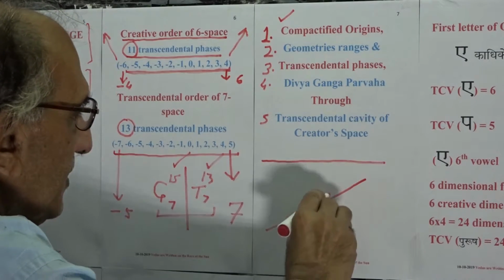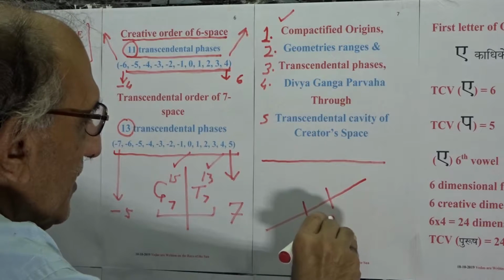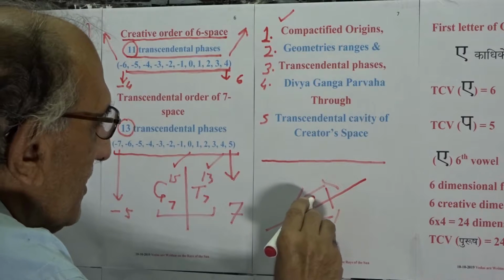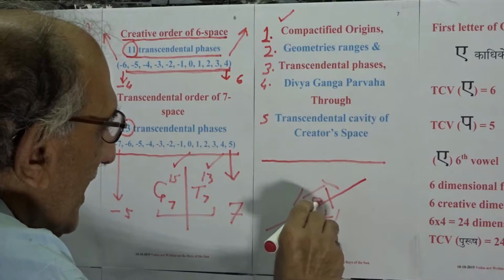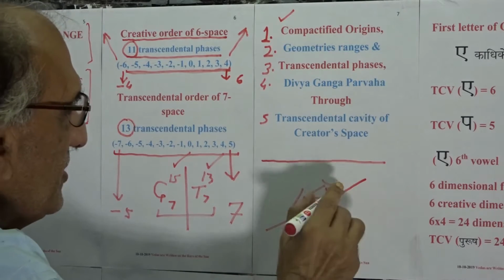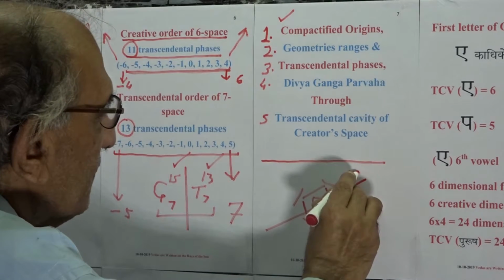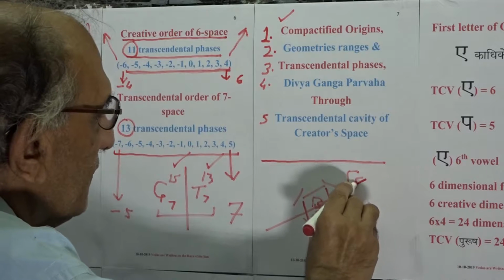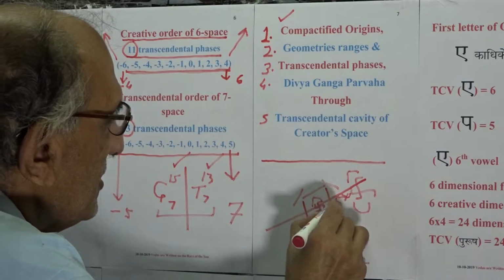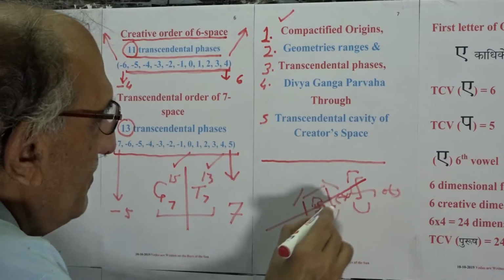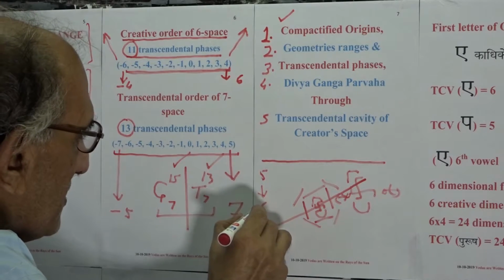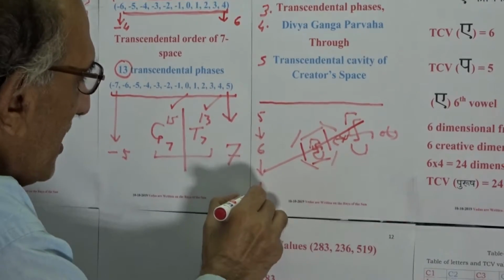We know within 4 space, 5 space is playing the role of an origin. This origin, as it is, will get coordinated with the next phase and stage. Origin of transcendental domain itself means the 6 space. So 5 space as an origin gets coordinated with 6 space, and this sequence continues.